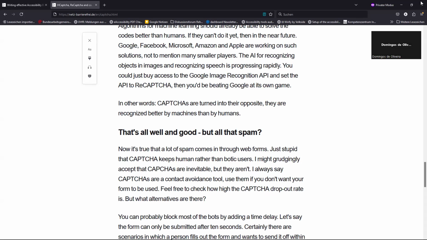And we must say today there are many more technologies to prevent spam, which are more efficient and less annoying for people with disabilities or without disabilities. It doesn't matter, I think, in this case. When you combine, for example, a honeypot with a time limit, no human will contact you in 1 second or 2 seconds.